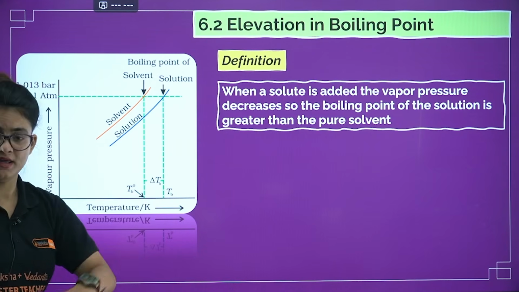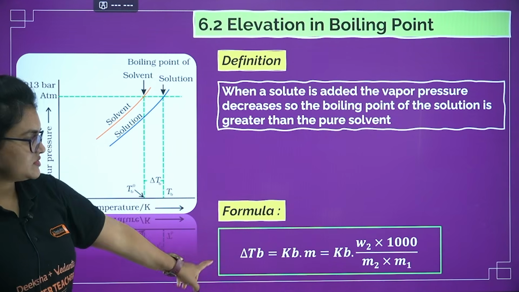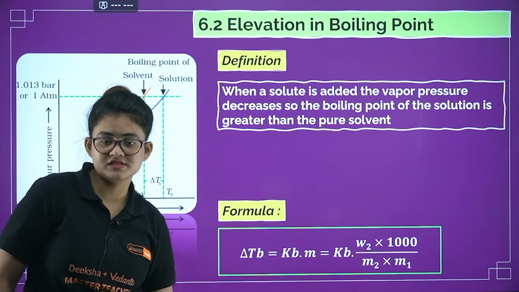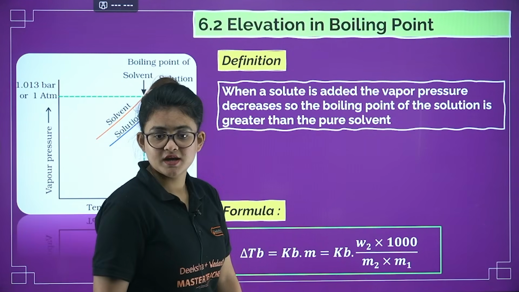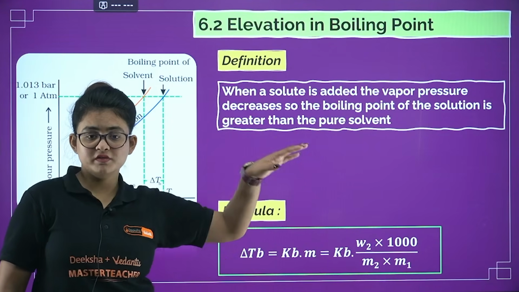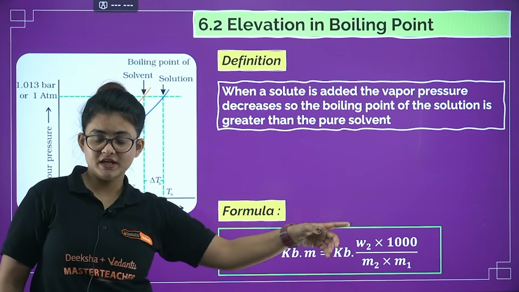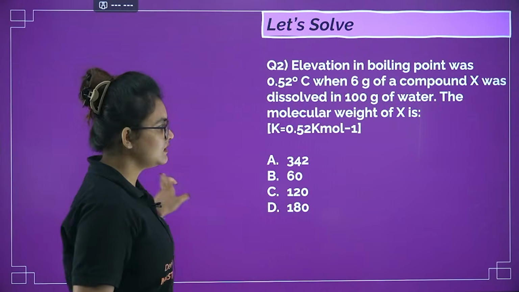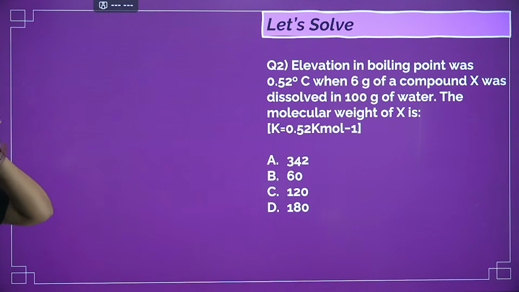The boiling point increases. Here comes the formula: delta Tb equals Kb into m. Kb is the constant, called the ebullioscopic constant. m is the molality. Molality you can break down as W2 by M2 into W1 into 1000.